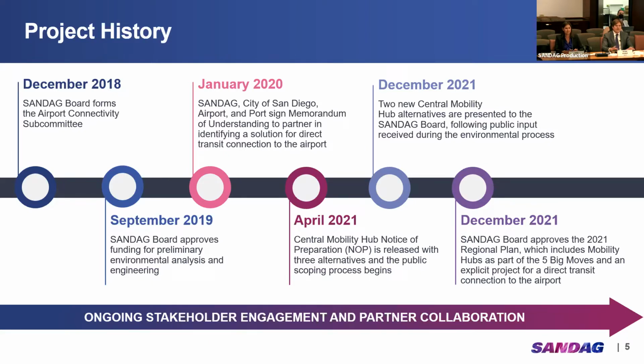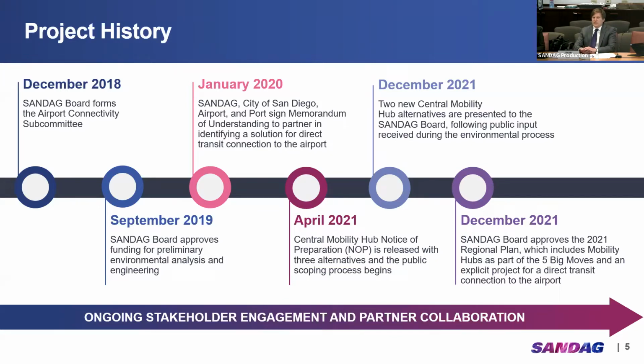The second was a central mobility hub at what we call the Intermodal Transit Center. And the third was the subcommittee asked us to explore the possibility of an extension of the existing trolley system to the airport. In September of 2019, the board voted to adopt that recommendation and created the Central Mobility Hub project. At the same time, the board appropriated $40 million to begin work.